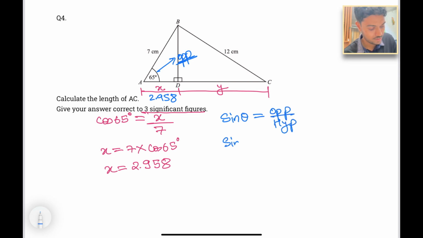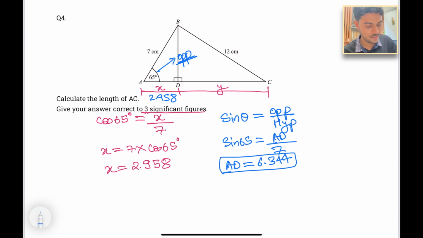So sine 65 is equals to opposite, that is AD, upon hypotenuse, that is 7. So AD is equals to 7 into sine 65, which is 6.344.